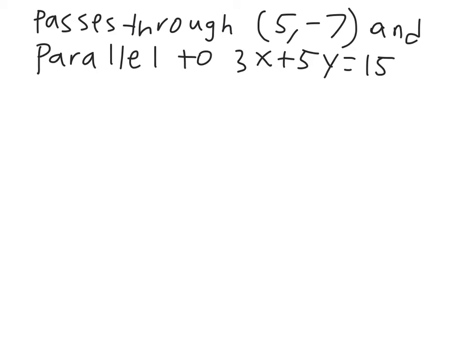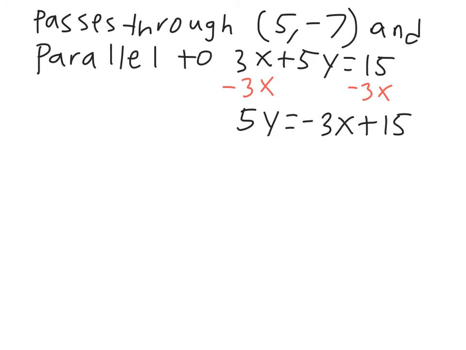First, we subtract 3x from both sides, which gives us 5y = -3x + 15.